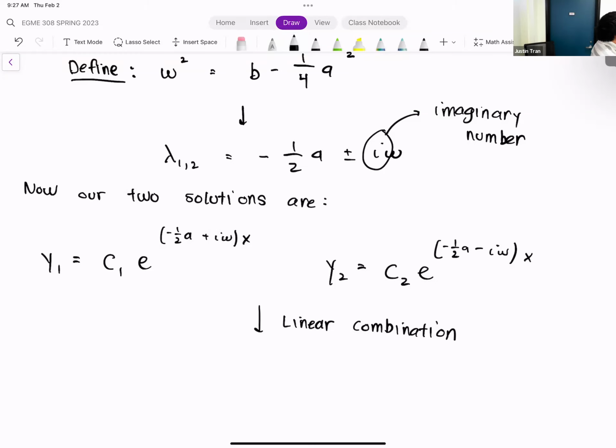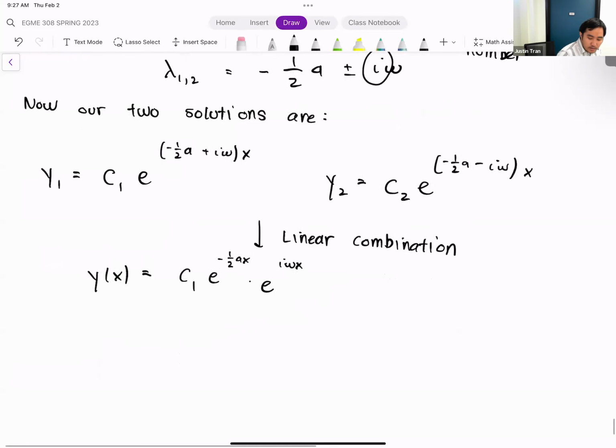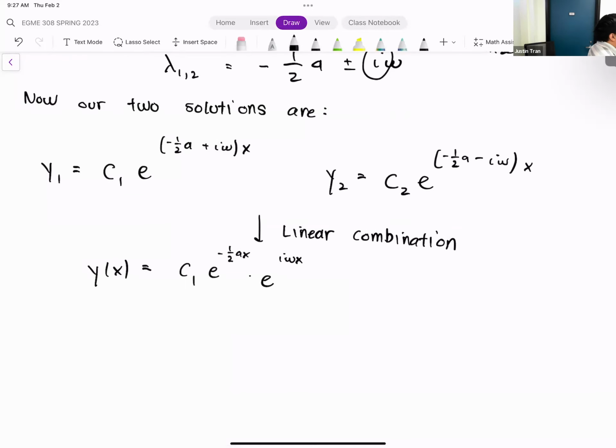Right, so let's do what we usually do for these solutions, and let's take a linear combination of them. Okay, so we're just going to add them together. And so our y of x is c1 e to the minus 1/2 ax times e to the i omega x. Okay, so I'm going to separate out the two exponentials just because it'll make our lives a bit easier. But remember, whenever you add exponents in the exponential, you can multiply those two.